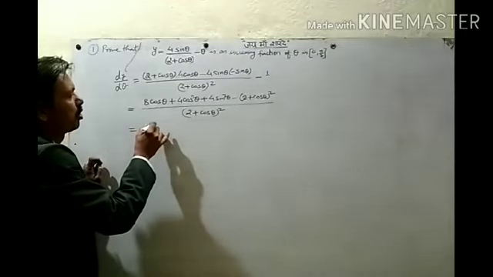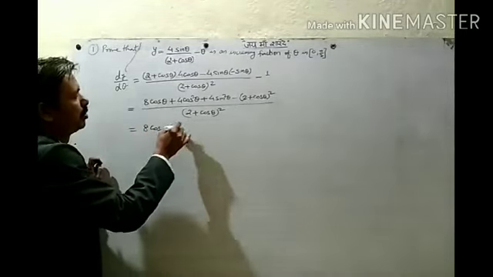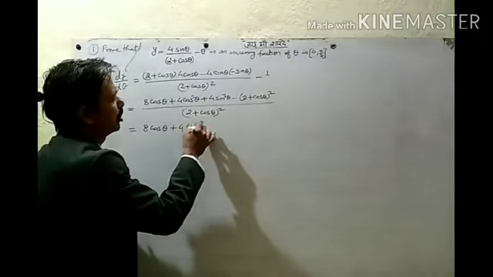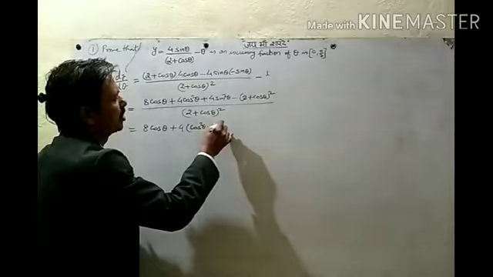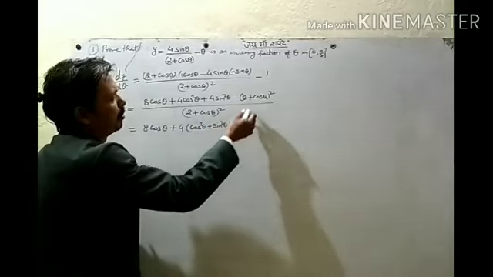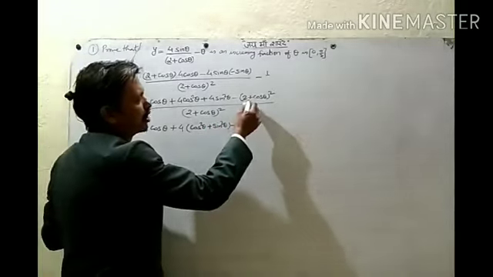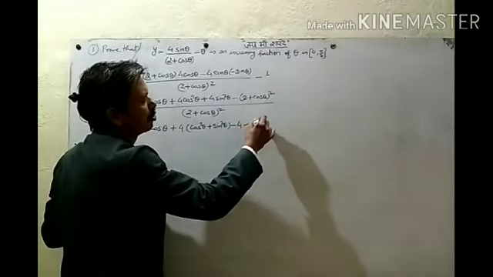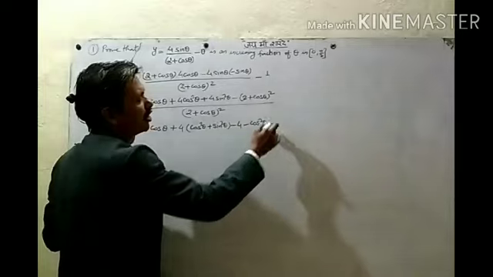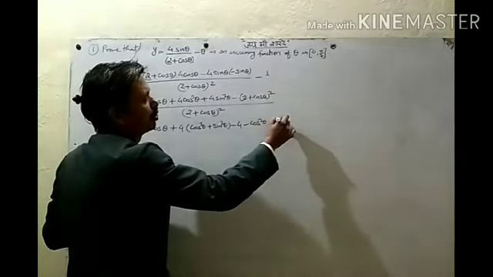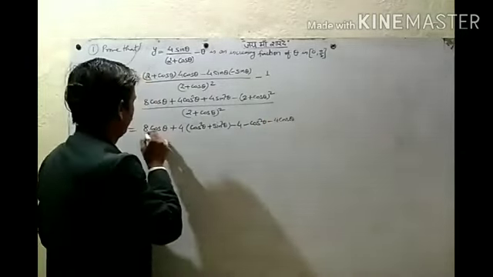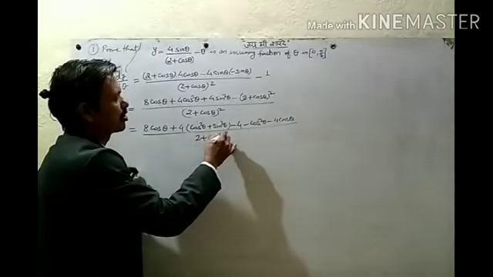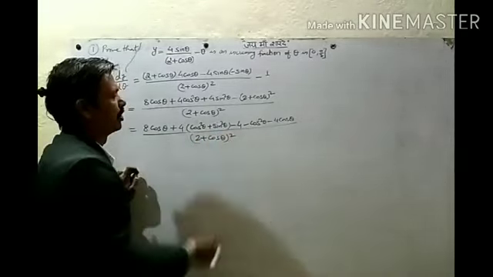So 8 cos theta plus, now if you take 4 common, then we get cos square plus sin square theta, minus, this will give, using the (a plus b) whole square formula, 4 minus cos square theta, because it is negative here, minus 4 cos theta, divided by 2 plus cos theta square.